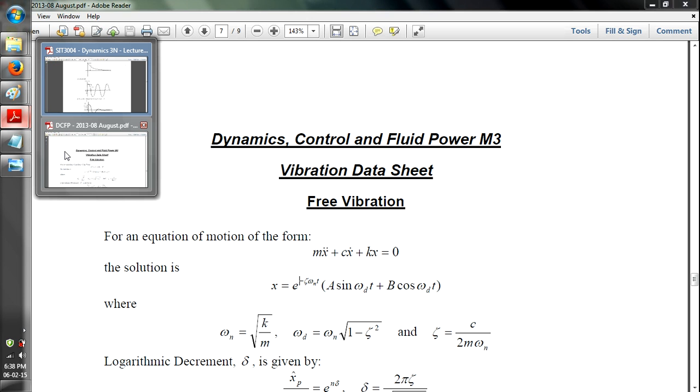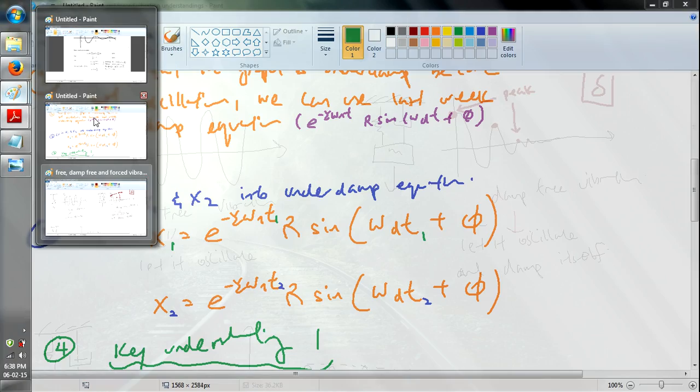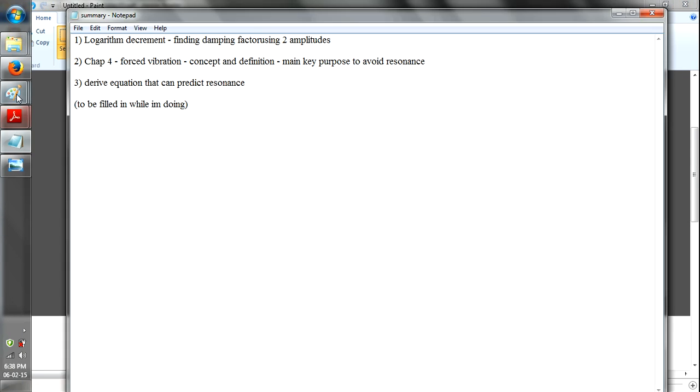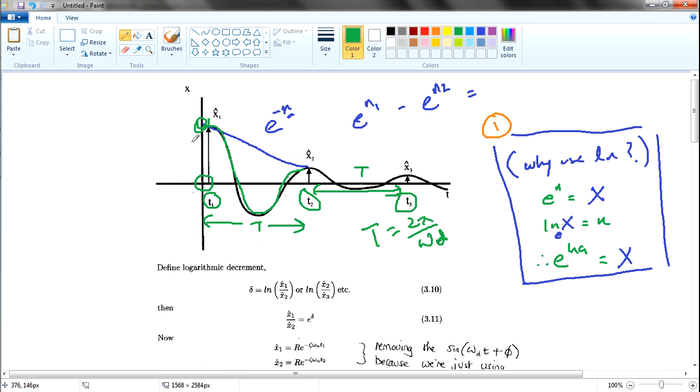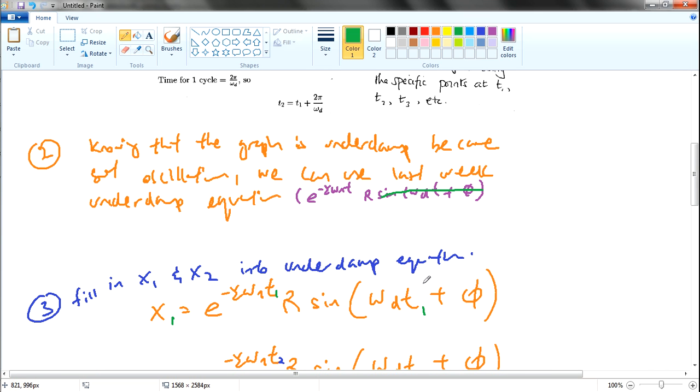So therefore, we can assume that the sinusoidal doesn't affect it, because these points are all part of the exponential curve. This is why we assume that this portion over here is 0, or perhaps 1, I would say.